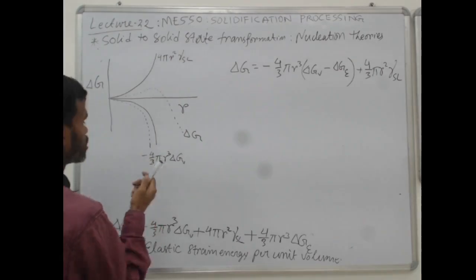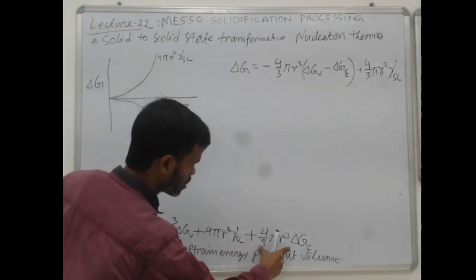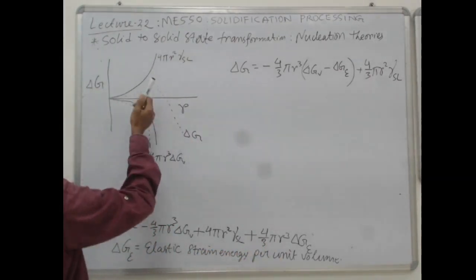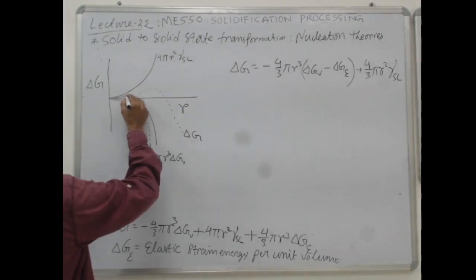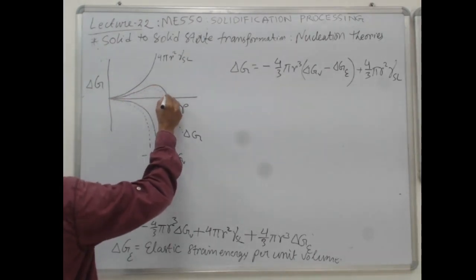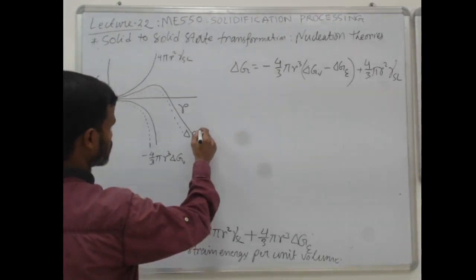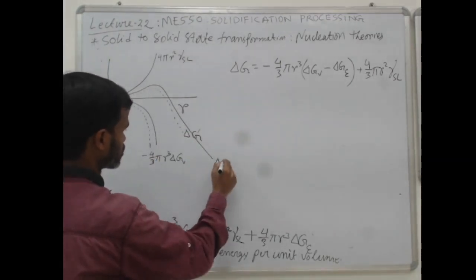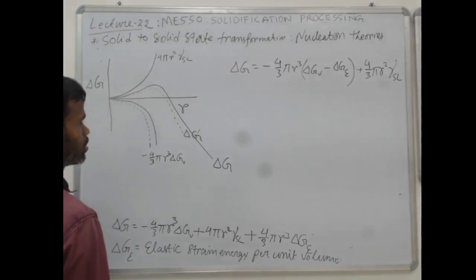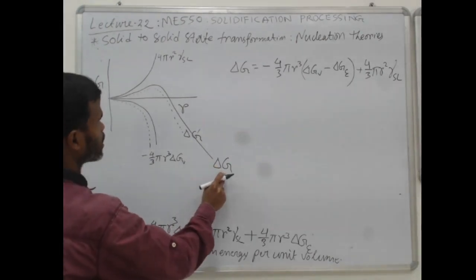But now if you consider the presence of this term, this will move a little bit up. We call it dash. This is actually the delta G.